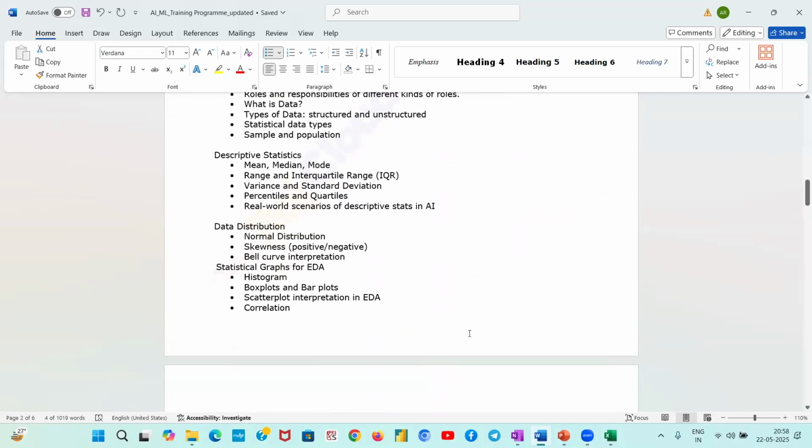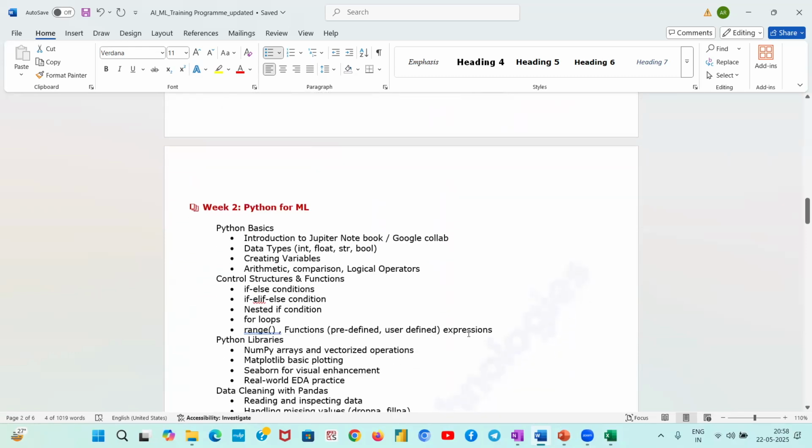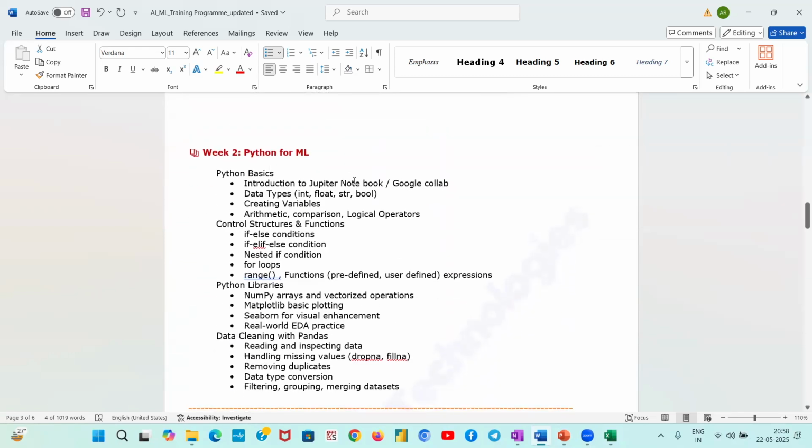After learning statistics, we enter week 2, which is Python. It is Python code that we are supposed to write. I'm not sure how many people are from a coding background, but we will initiate our discussions with fundamentals, at scratch level of Python code.